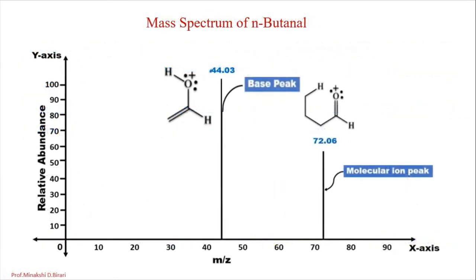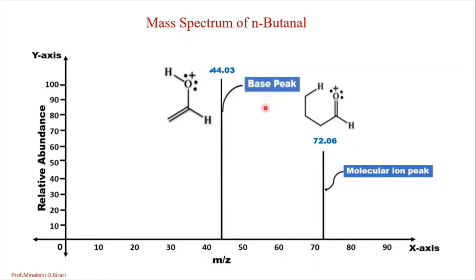Now this is the mass spectrum of n-butanol. If we consider the mass spectrum, we know that on the x-axis there is the mass to charge ratio, and on the y-axis the relative abundance. As we know, the base peak is arbitrarily given the relative abundance 100.